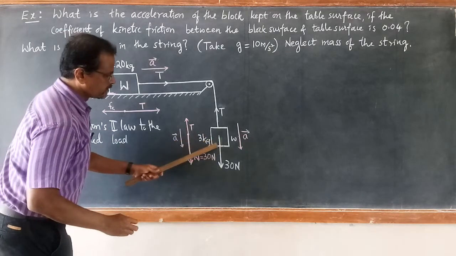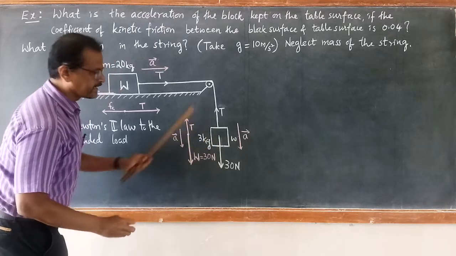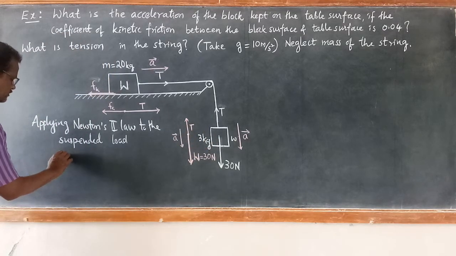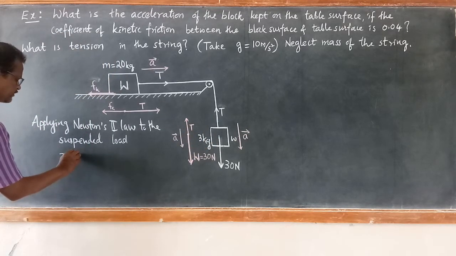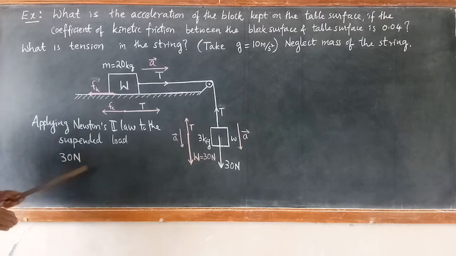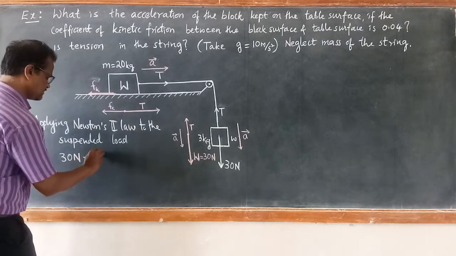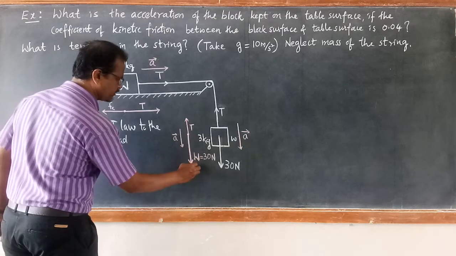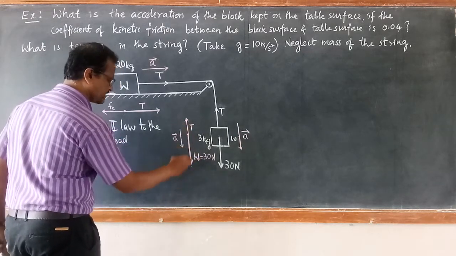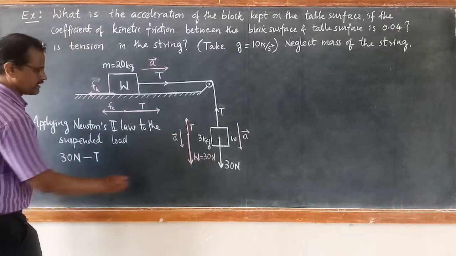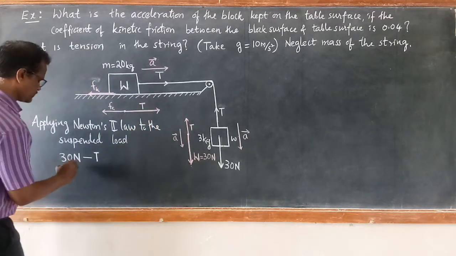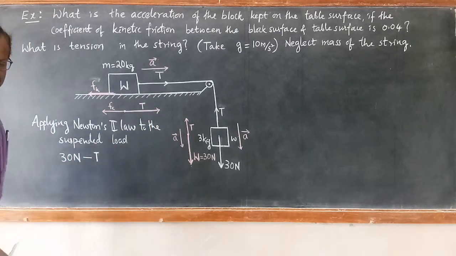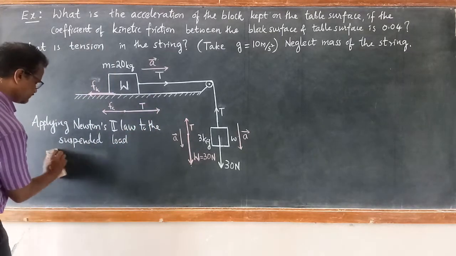The 30 Newton weight must be greater than the tension, so I will write weight 30 Newton minus tension. You see, 30 Newton must be greater than tension, so that the net force and acceleration will be downwards. So I will write directly 30 Newton.